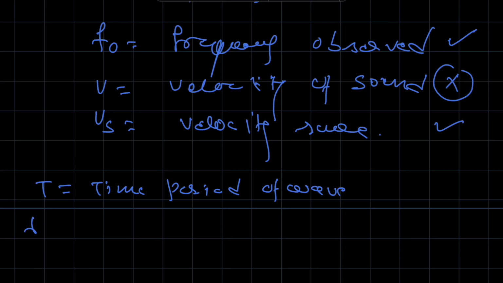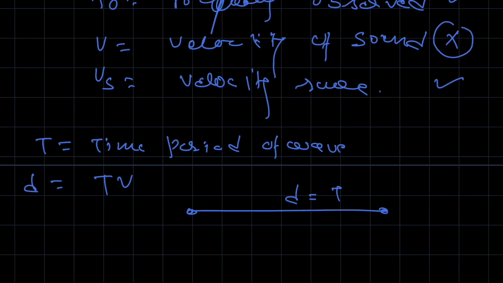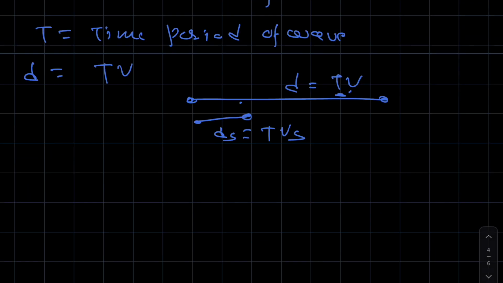The distance traveled in T by sound is T v. Right? At the same time, the source travels the distance, let's say ds, which is T vs. If the source is here, it emits the sound.